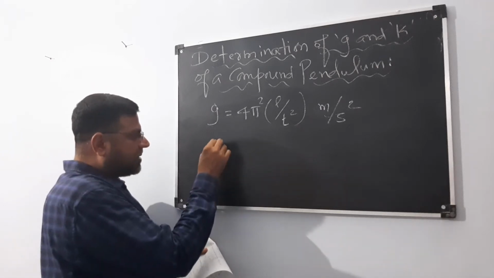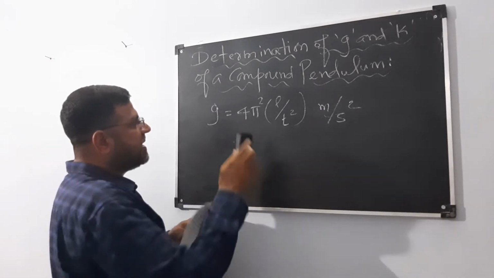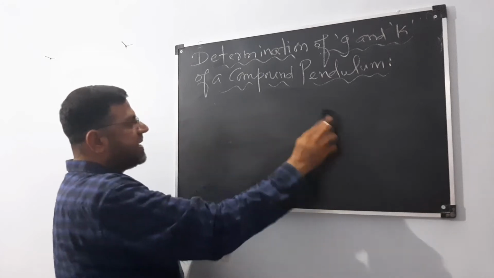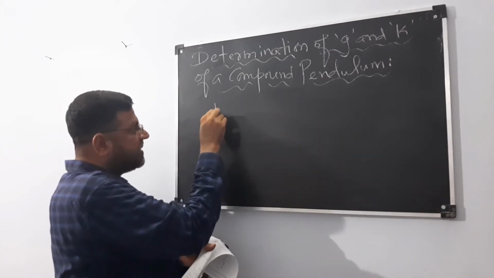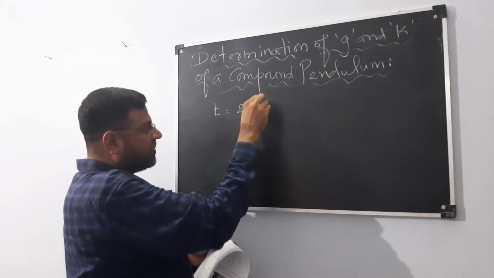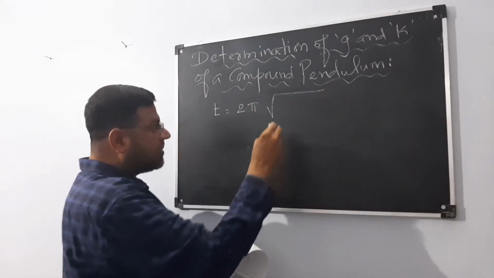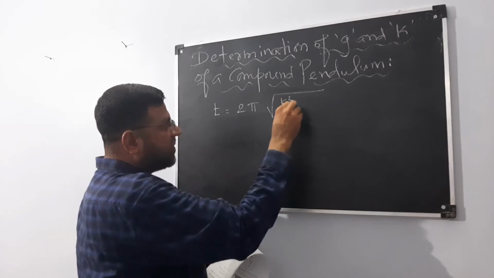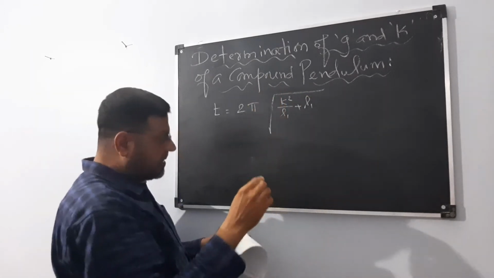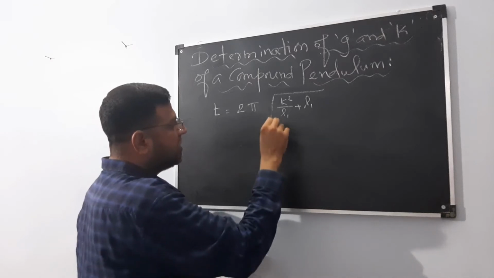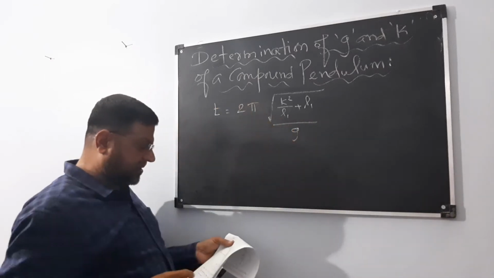Now we are going to see the expression for the radius of gyration. We know that T is equal to 2 pi into root of (K square by L1 plus L1) divided by g.